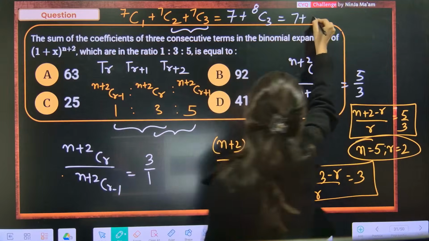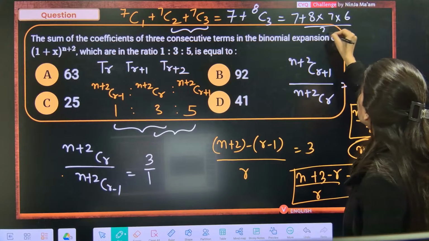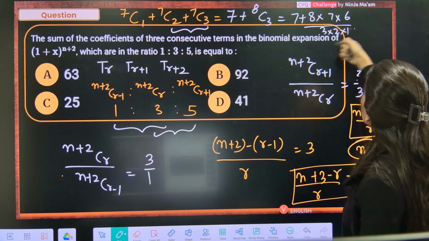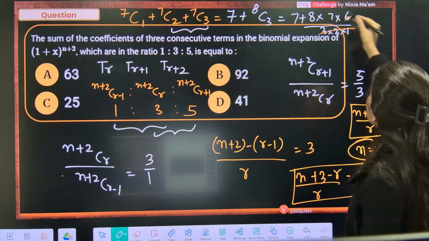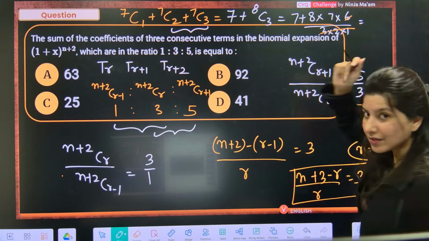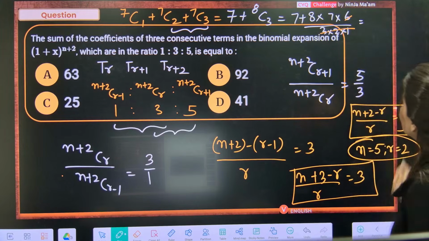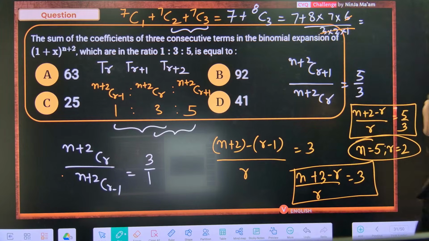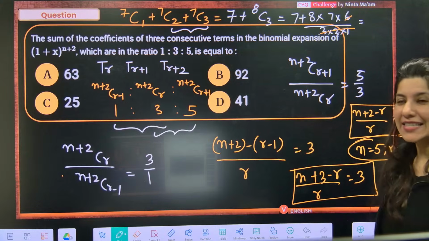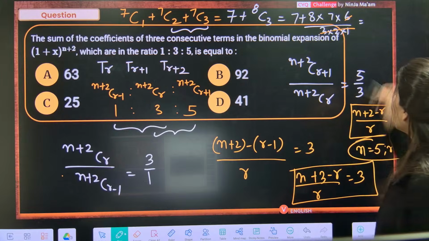So 7 plus 8 into 7 into 6 upon 3 into 2 into 1. So 7 8s are 56. 56 plus 7 is 63.